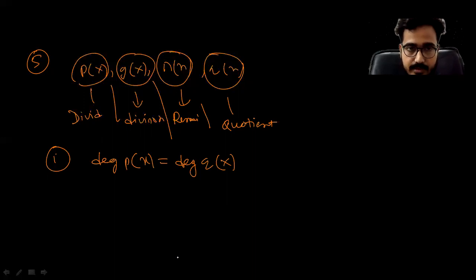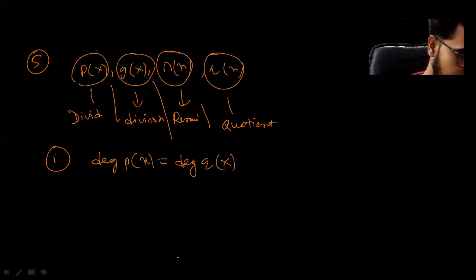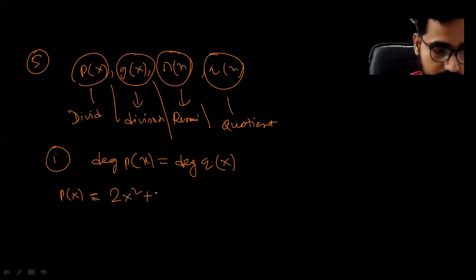The degree of the dividend and the degree of the quotient must be equal. So suppose you have to give some example on your own. Now see, if you take p(x) equal to, suppose, 2x square plus 2x plus 8, what is the degree? 2.